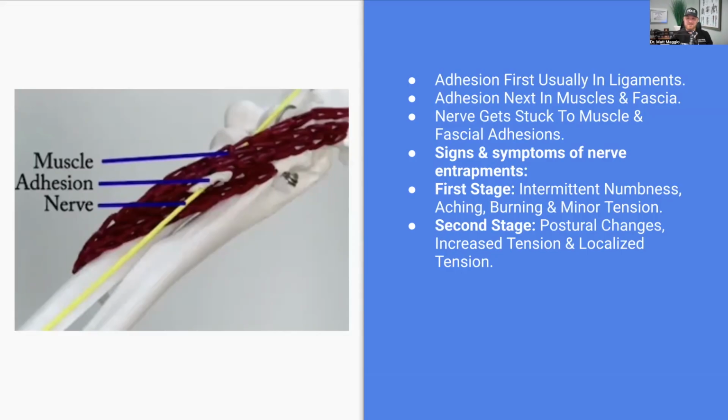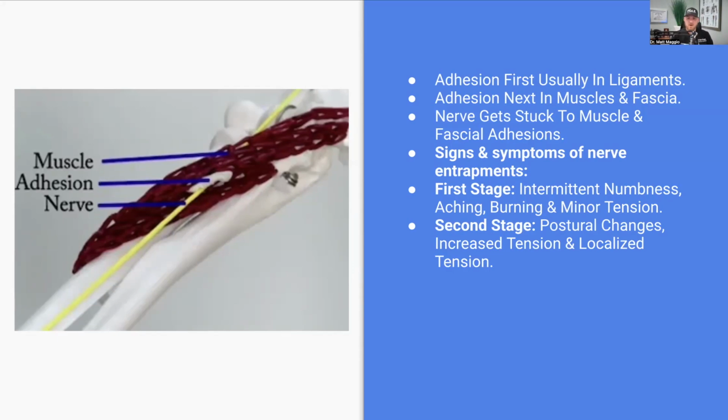Now, second stage is when it does become a little bit more problematic. One thing you'll start to see is some postural changes. So the body has a hierarchy of how it wants to protect things, and if the nervous system is compromised and there's a nerve entrapment, it's going to alter things. Your shoulder might roll forward, your arm might tilt down to the side.